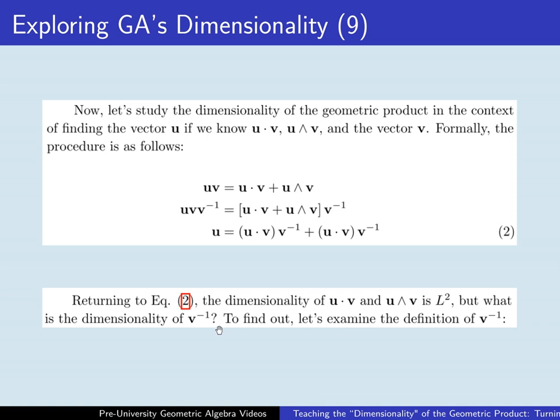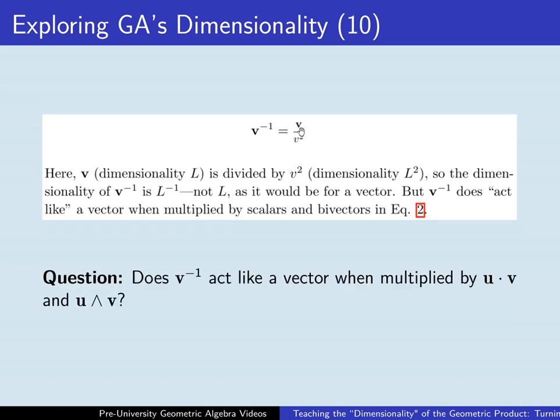So, okay, let's find out the dimensionality of the inverse by looking at the definition of that inverse. Okay, here is the definition. So the vector v of dimensionality L is divided by v squared, or the square of the magnitude or length of v, which is dimensionality L squared.